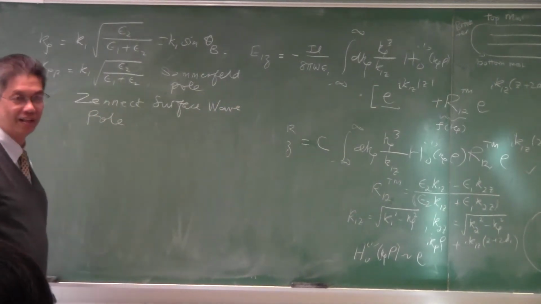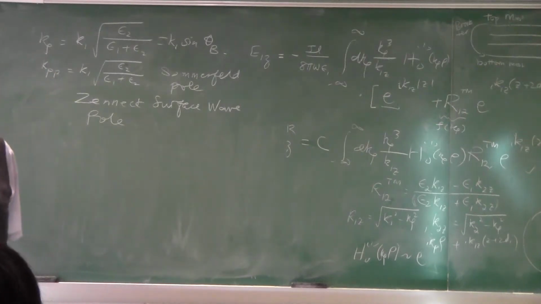And some people think that it should contribute, but in my opinion, it does not, because it's on the wrong Riemann sheet. The Zenneck surface wave pole never really contributes to the Sommerfeld integral as you detour the contour from the real axis to those contours.